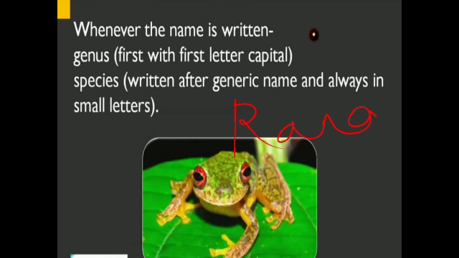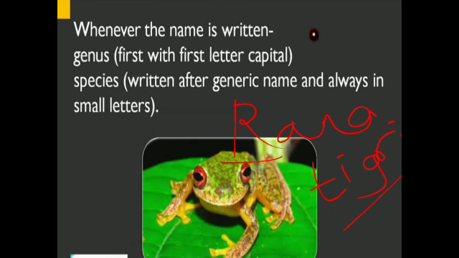The species is written after the generic name and always in small letters, as in tigrina. Rana tigrina. This is the way it is written. The first name of the genus is always written with a capital first letter, and the species is written in small letters.